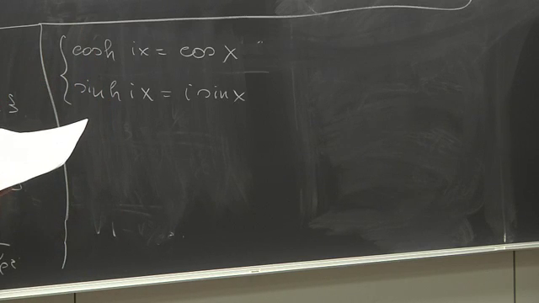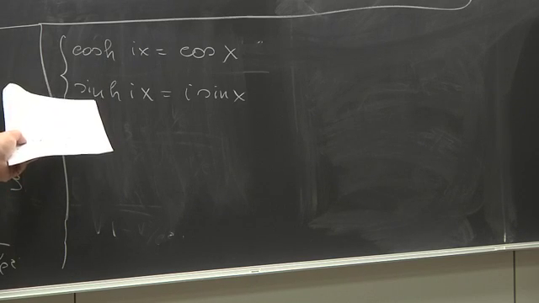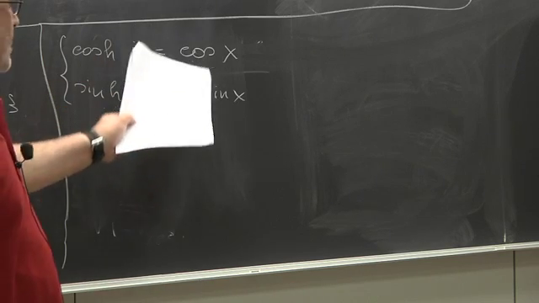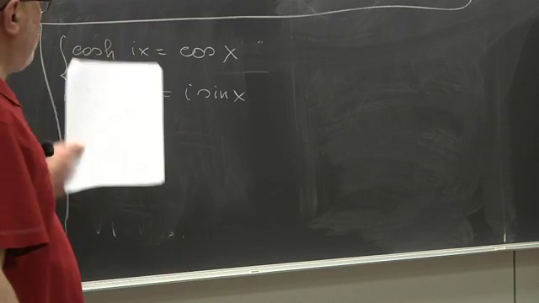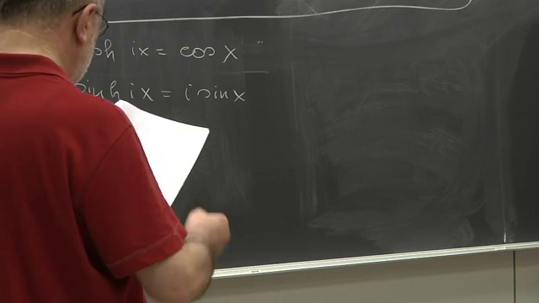Are you familiar with this? It's very simple. You take the definition of cosine hyperbolic and sine hyperbolic, that is exponential, normal exponential, but with the i, you compare and you get this. Do this as a simple exercise, okay?